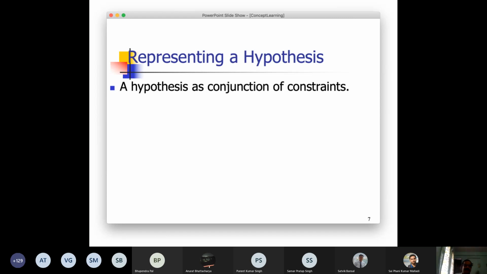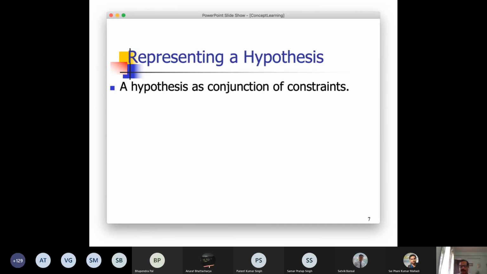Now you can have different kinds of Boolean functions with Boolean variables. You know that using the binary operators and, or, not, you can have many different expressions. But in this case, we will have only one kind of expression, and that is what is written here: a conjunction of constraints. What does it mean? All your Boolean variables are expressed from attributes with a certain value.